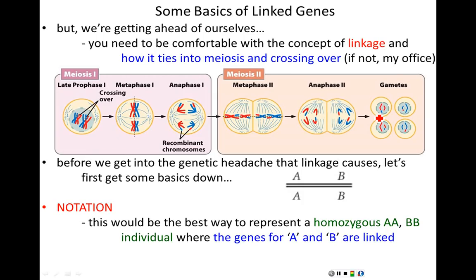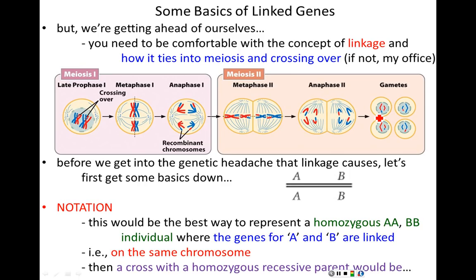This would be the most intuitive way to represent a homozygous A, homozygous B individual where the genes for A and B were linked. Here the bar, the horizontal line, represents the chromosome, and they're on the same chromosome, so they're linked on the same chromosome. A cross with a homozygotic recessive parent would be this, showing that the other parent also has A and B linked on the same chromosome but is carrying nothing but recessive alleles.